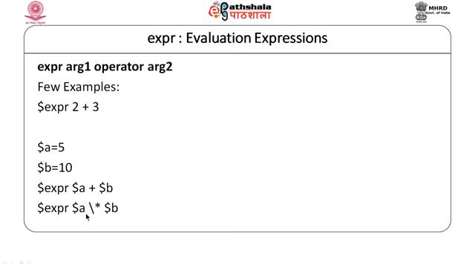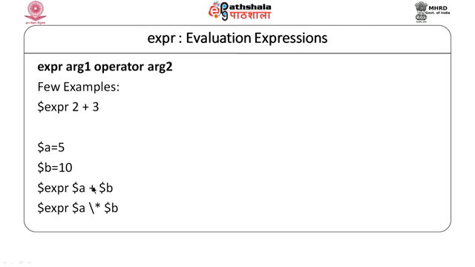See the last line, when we are using the multiplication sign, there has to be an escape character, or else the star will be treated as a wildcard character. So, when we are using EXPR, we can simply say EXPR $a plus $b, EXPR $a minus $b, but when we use multiplication, we have to be careful to use the escape sequence.